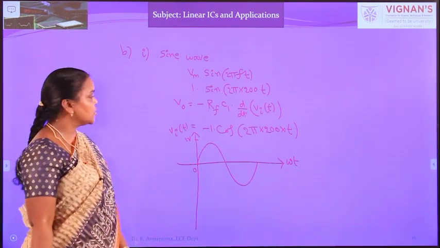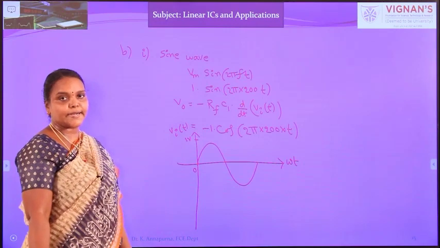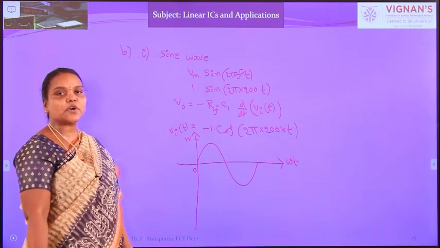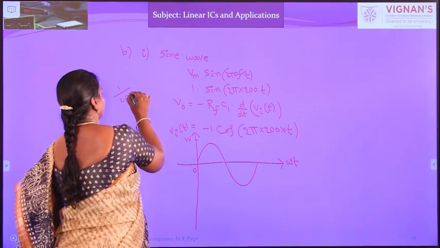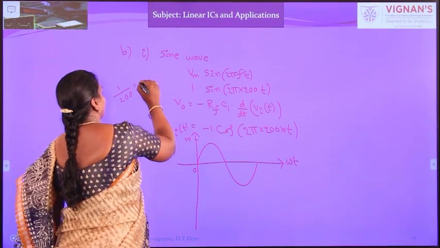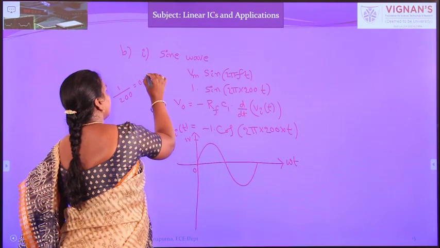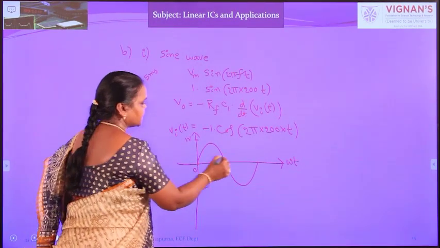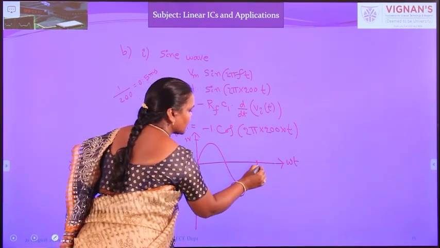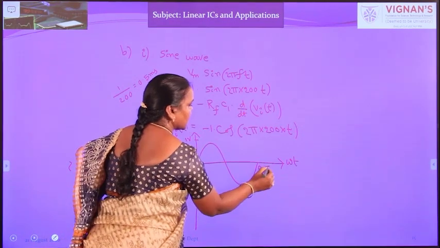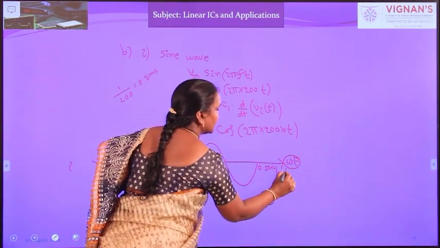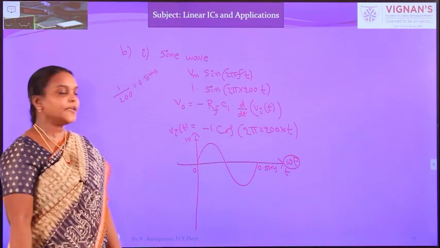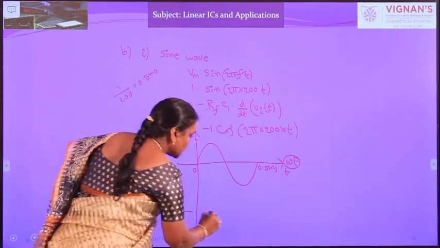okay, this is the input, and what is the frequency given? 200 hertz. So, 200 hertz means what is the time period? 1 by 200 means 0.5 milliseconds. So, this is 0.5 milliseconds. So, now it is not omega t, it is t. Okay. Next, what is the output you got?